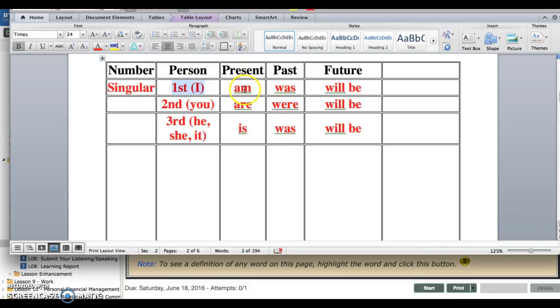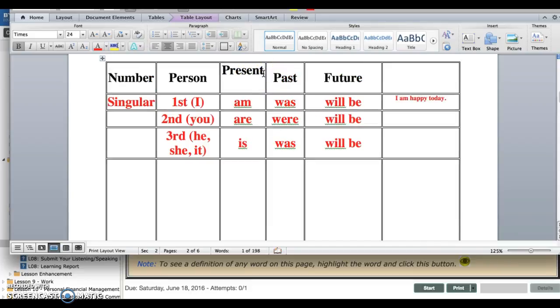So my verb is am. So maybe my sentence is, I am happy today. Okay? I'm talking about me, so that's why it's in first person, I. Am is the word I will use because it's happening right now. So in present, I'm going to write now. Okay? Today.